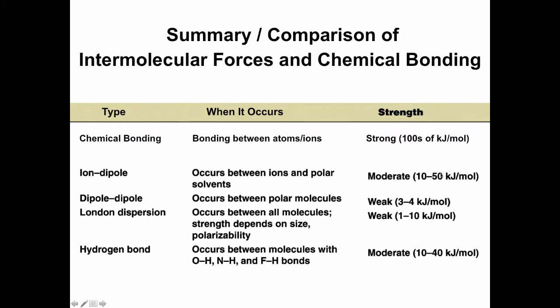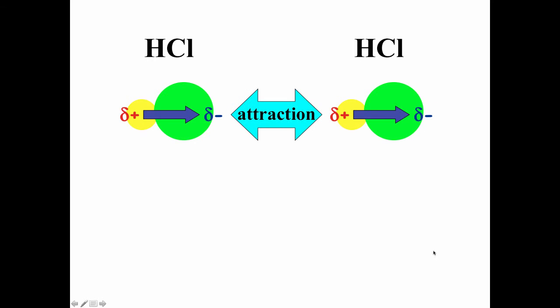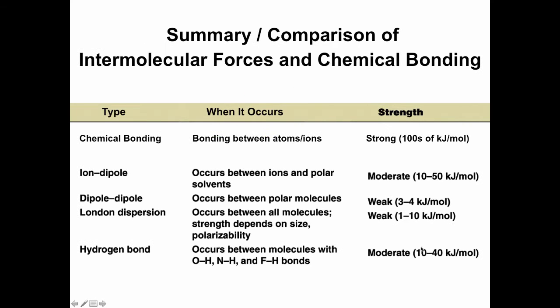Ion-dipole can be 10 to 50 kilojoules per mole, dipole-dipole just a few kilojoules per mole. London dispersion has a wider range, 1 to maybe 10 kilojoules per mole, and hydrogen bonding is typically bigger, like 10 to 40 kilojoules per mole, but notice how that's still way, way less than the many hundreds of kilojoules per mole for chemical bonding.